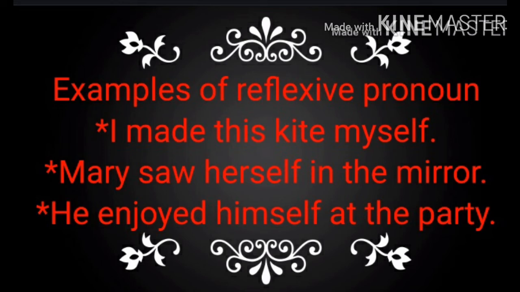And basically, it refers to the same person or thing as denoted by the subject of the verb. In the first sentence, the reflexive pronoun myself represents the subject I. In the second sentence, herself represents Mary. In the third sentence, himself is the reflexive pronoun representing the subject he.